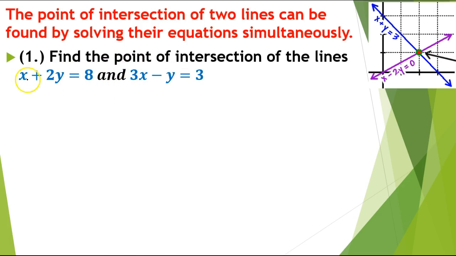If you notice in this equation, x has no coefficient, so it might be an easier one to solve. So let's solve for x here and then substitute it into the second equation. If we solve for x here, that means we are subtracting.